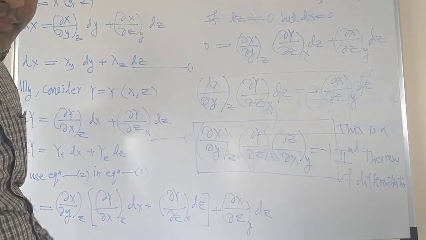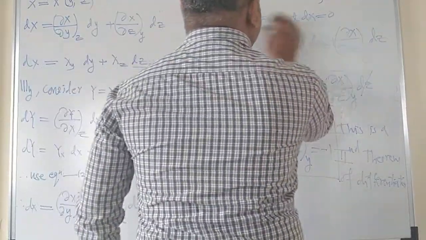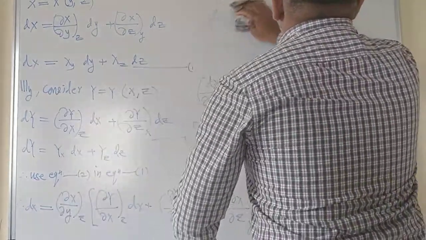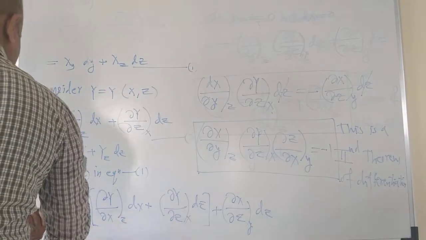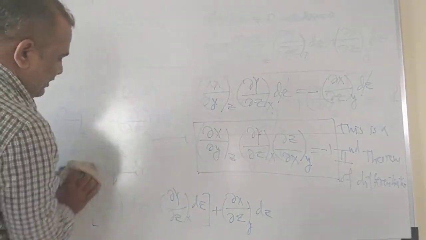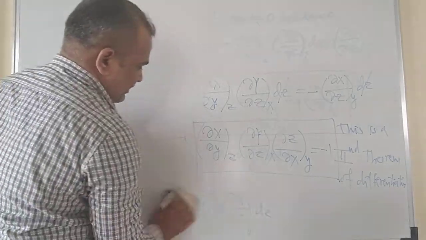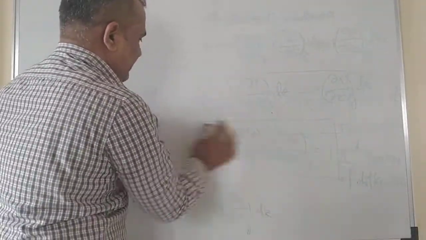And the first problem is based on the ideal gas equation, PV is equal to RT. So let me write about this first, and then we'll go for the problem based on the theorem of differentiation, so that you can understand it well.